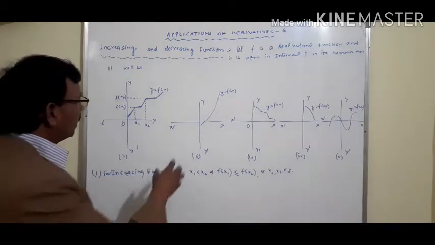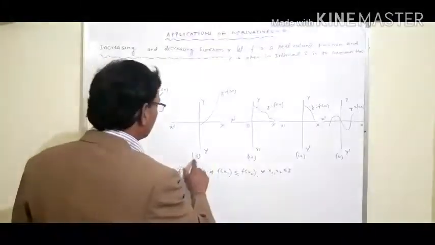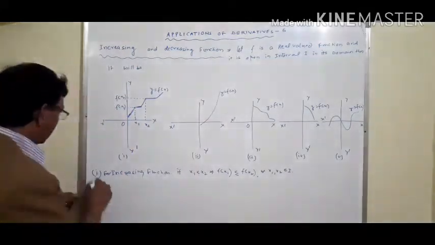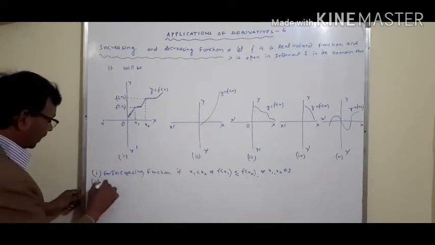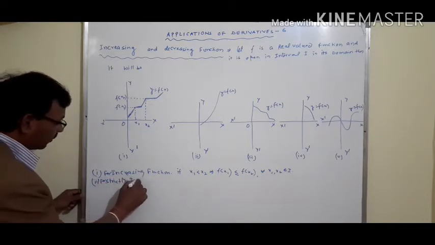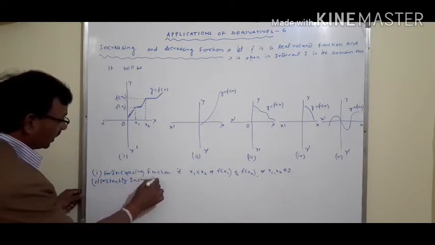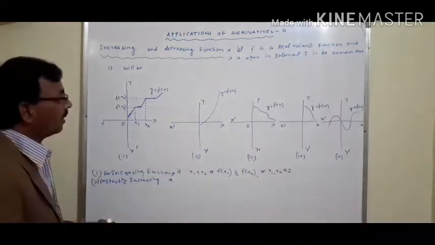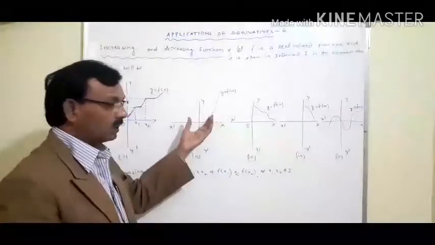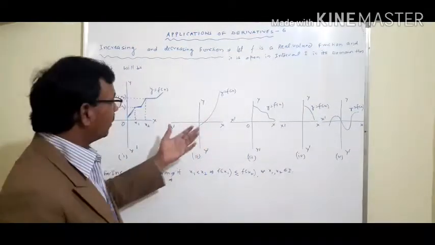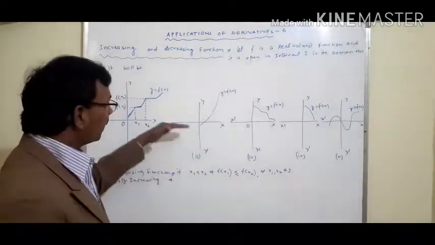Now we take another type of graph in which we show the strictly increasing. Second is strictly increasing. Meaning of strictly increasing: if function increases, then it always increases, only increases, never constant, never equal.